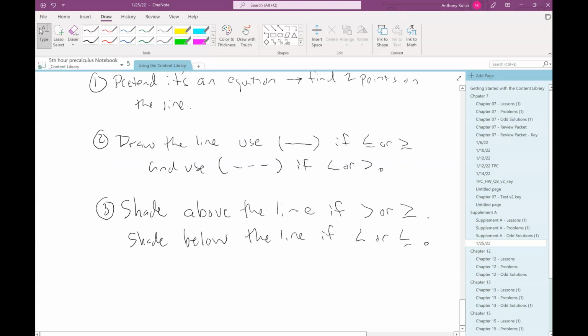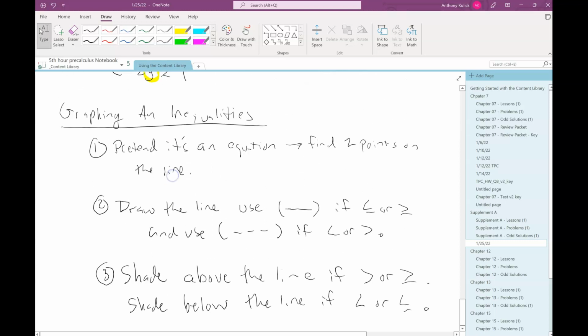And then lastly, we're going to shade above the line if it's a greater than or equal to, and shade below the line if it's less than or equal to. And I guess maybe step 0 is we'd want to write this in slope-intercept form. Should probably say that.